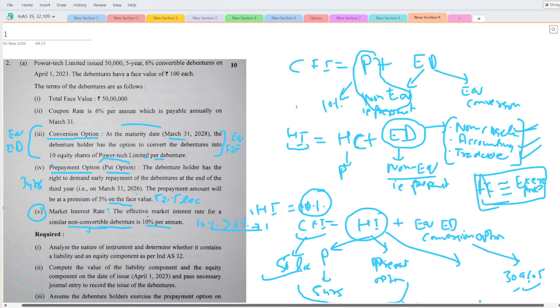That's why your instrument life is 3 years, not 5 years. So three things are there in this one. First, this embedded derivative is closely related. Second, this 10% is of the hybrid instrument, not of the plain vanilla debt. Third, the maturity, the time period, is 3 years.